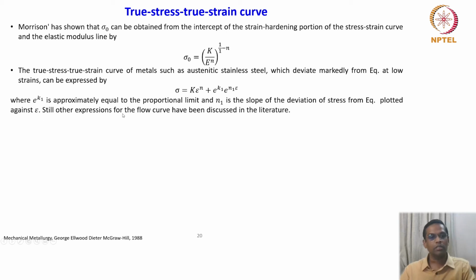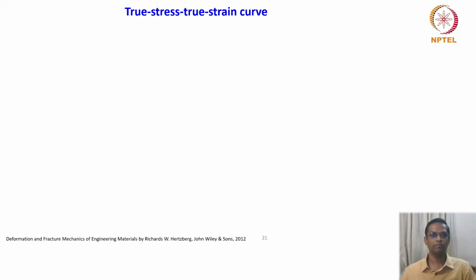Still, other expressions for the flow curve have been discussed in the literature. So, like I said, several expressions are discussed to predict the stress strain curves of metals and materials. I just brought this here to give you an idea how people try to interpret these results.